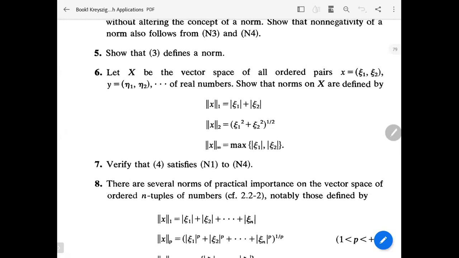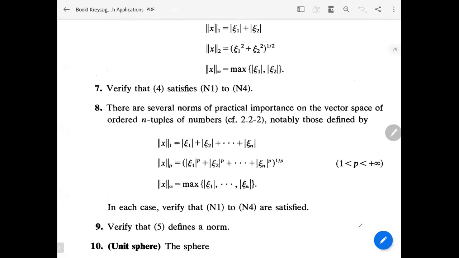So you can define the 1 norm, 2 norm, infinite norm. Show that these are norms. So the 1 norm, 2 norm, infinite norm satisfy the properties of being a norm, the 1 to 4 properties we discussed for a function to be a norm. So you can check this.